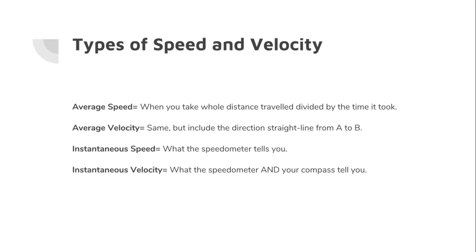And velocity is the same thing, except also you'd have to include the compass direction. Some newer cars even tell you what direction you're going. So if you were traveling 55 and you had your cruise set, you could say, I'm going 55 and I'm going in this direction. Maybe you're going south, and 55 miles per hour to the south, that's your instantaneous velocity.